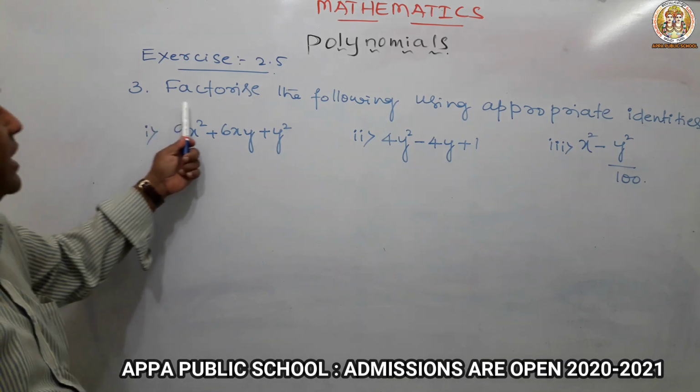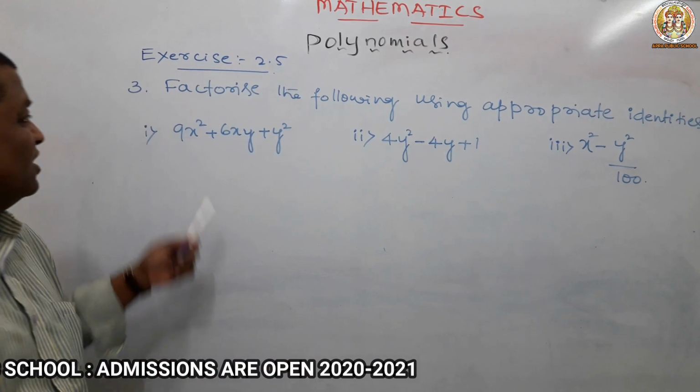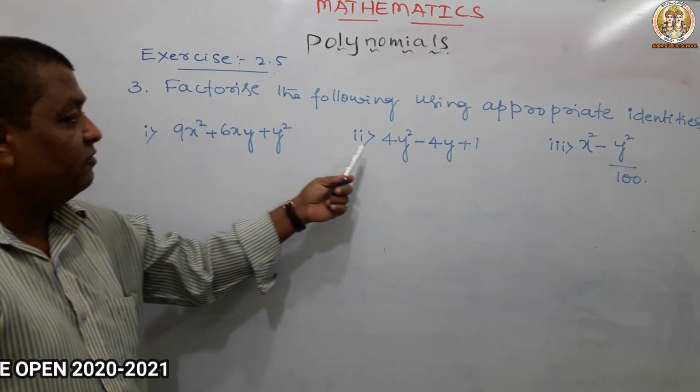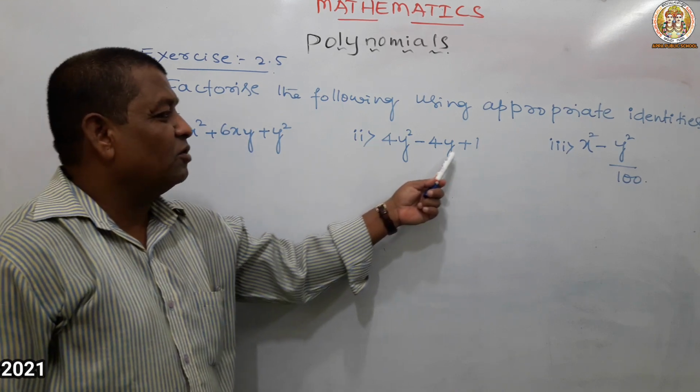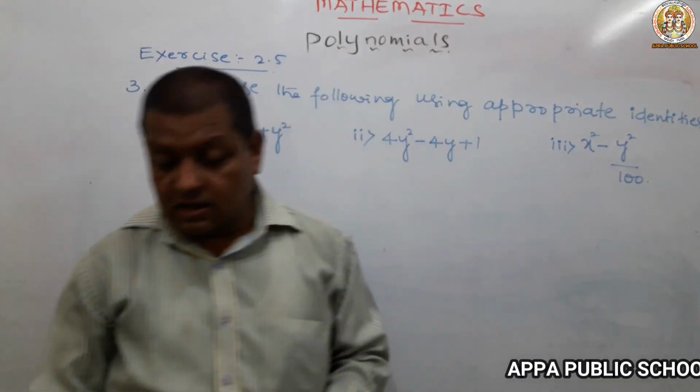Factorize the following using appropriate identity. First, 9x square plus 6xy plus y square. Second, 4y square minus 4y plus 1. And third one, x square minus y square by 100.